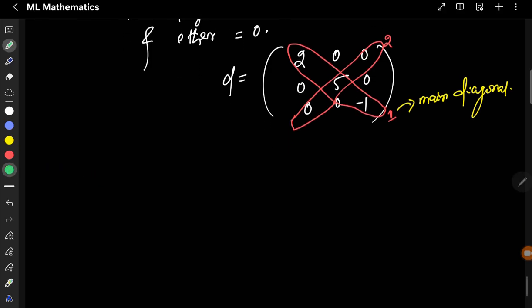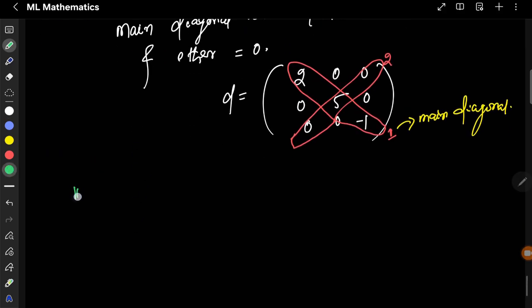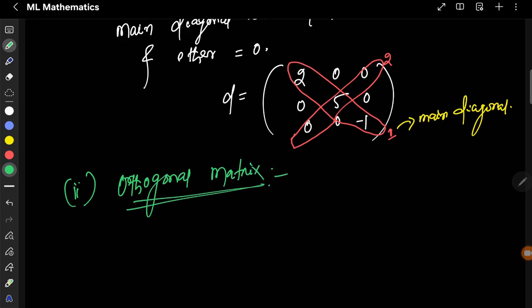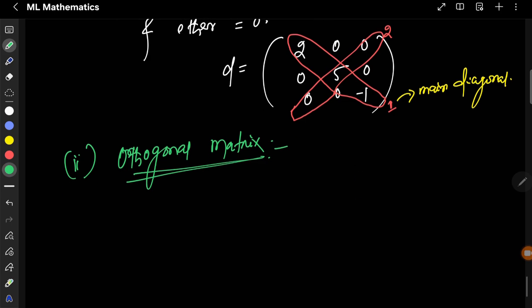Similarly, we have a matrix type called the orthogonal matrix. What is an orthogonal matrix? Orthogonal means, I think you guys know, perpendicular kind of stuff. So if I'm saying orthogonal, what does that mean?